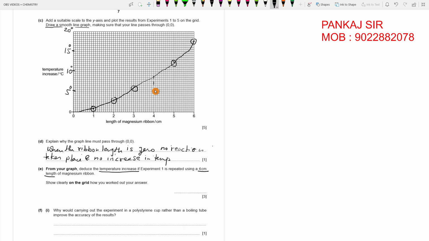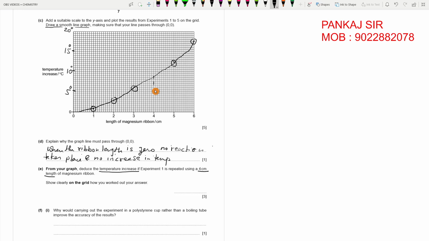Next question is, why would carrying out the experiment in a polystyrene cup rather than a boiling tube improve the accuracy of the result? Now, polystyrene is a good insulator, okay, compared to the boiling tube which is made of glass.